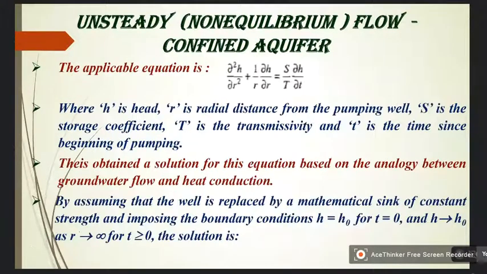Now let us consider this equation. In this equation, H is the head, R is the radial distance from a pumping well, S is the storage coefficient, T is the transmissivity, and small t is the time since beginning of the pumping. So small t here is the time from the beginning of pumping, and capital T is transmissivity.